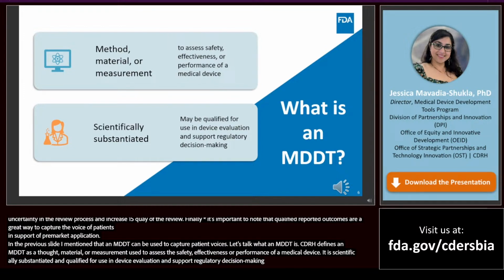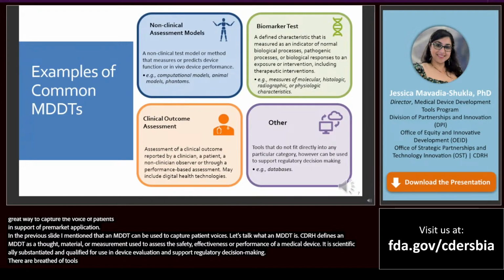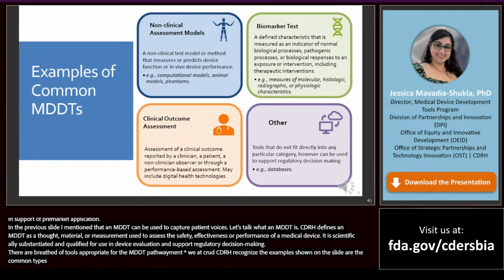There are a breadth of tools that are appropriate for the MDDT qualification pathway. We at CDRH recognize that broadly the examples shown on this slide are the most common types of MDDTs received by the program and outlined in the guidance. These major examples of MDDTs are distinguished primarily by how the tool measures the relevant parameters.